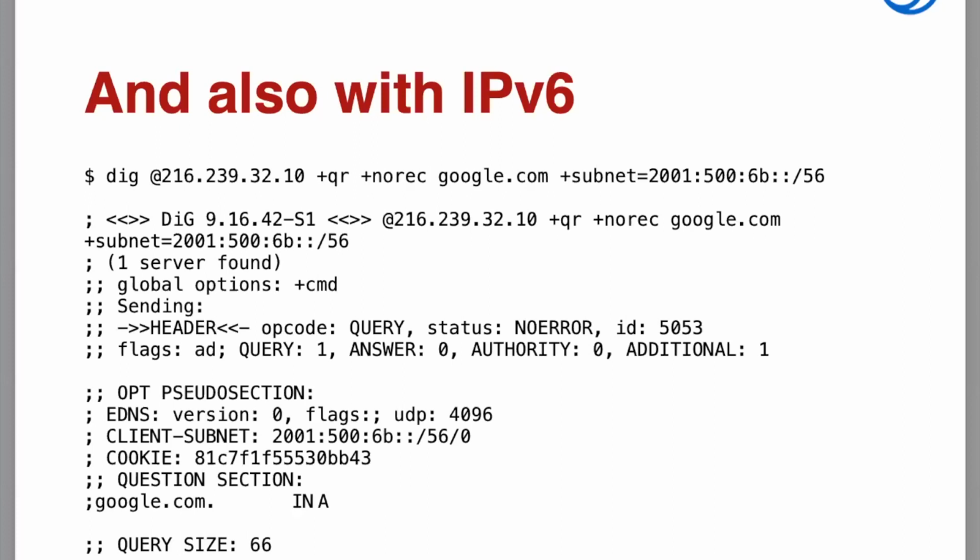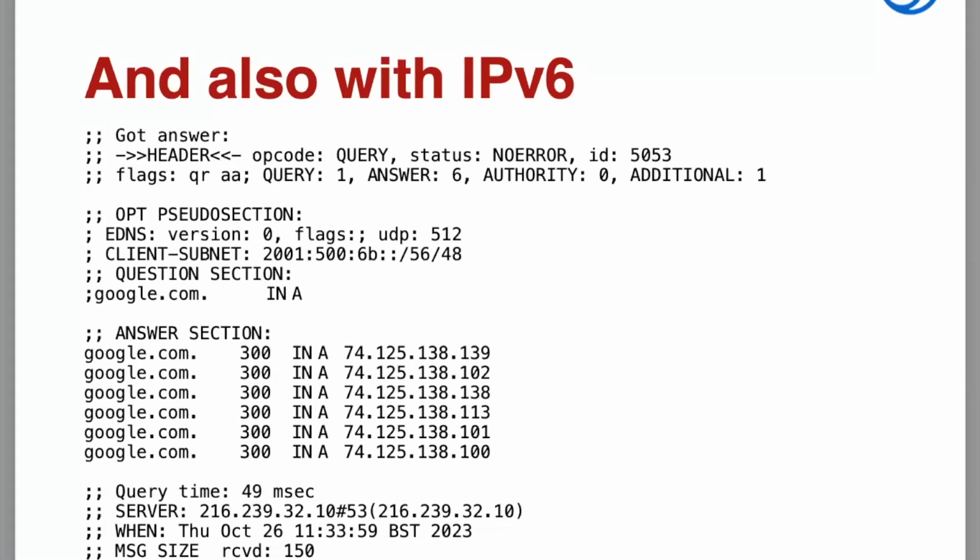And I have got an answer back, which is completely different from the one I got before. And again, the Google server has echoed back the client subnet that I asked, which was with a scope of 56. And again, it said, actually, I'm going to be less specific than that, and I'm going to give you a mask of 48.